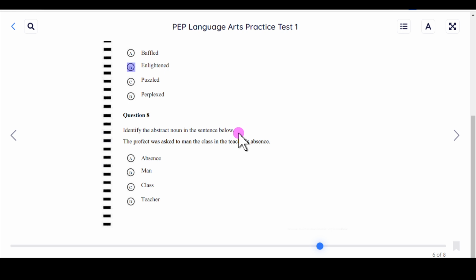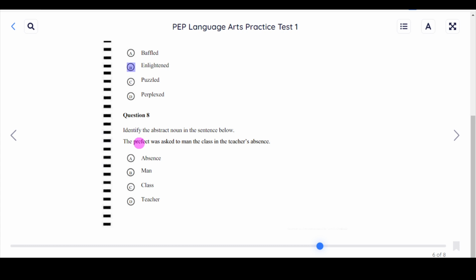Number 8, identify the abstract noun in the sentence below. So for 8, let's go. So I need to go back. The big idea here would be nouns. I need to know my common nouns, my proper nouns, my abstract nouns, my concrete nouns, and so on. So let's go to the section about abstract and concrete nouns.